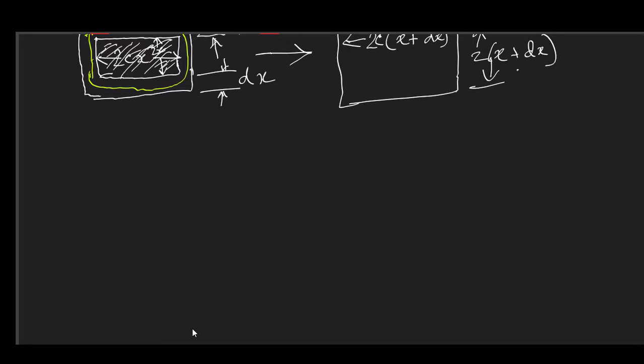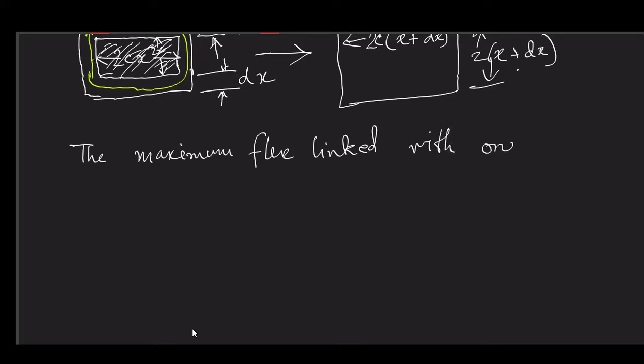In one turn, the maximum flux is Bm times the area, because this is the area.